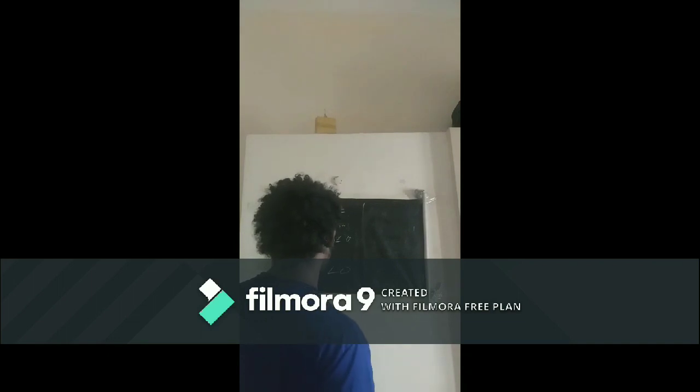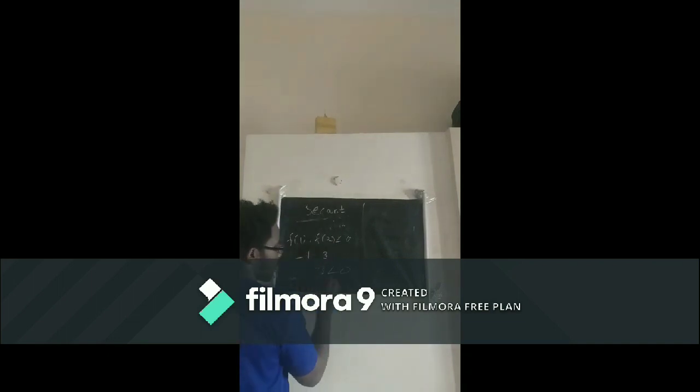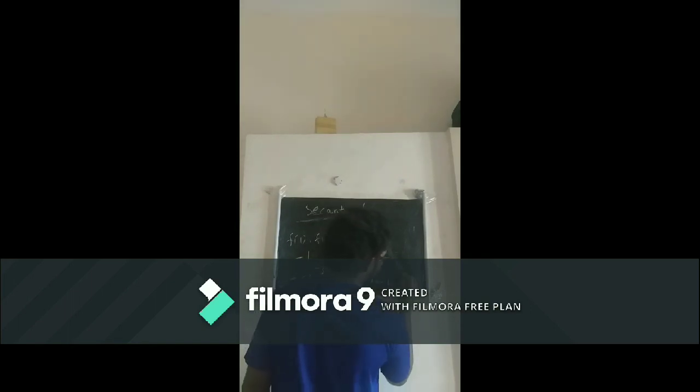This is minus 1, times this is 3, so minus 3 is less than 0. Therefore, we can say that there is a root that lies between 1 and 2. So let us find this root.